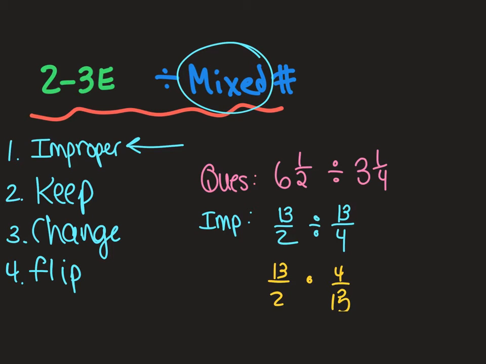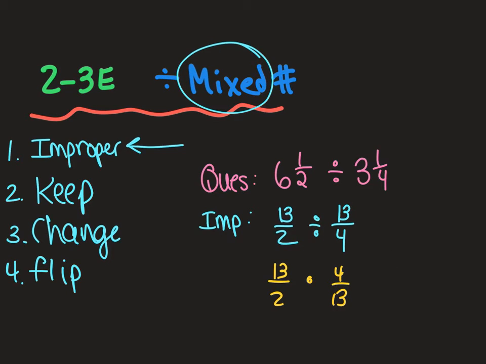I'll tell you what students do. They think they flipped when they have not really flipped. And if you look at the book and you don't write it twice, I think you're going to fall in that same trap. So if you write it the first time with the division sign, all we've done is the improper step.